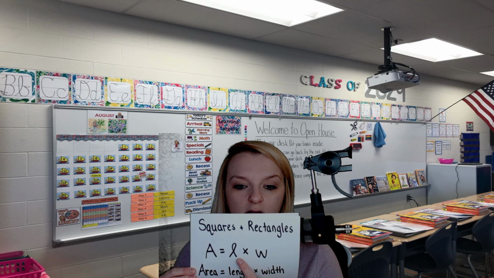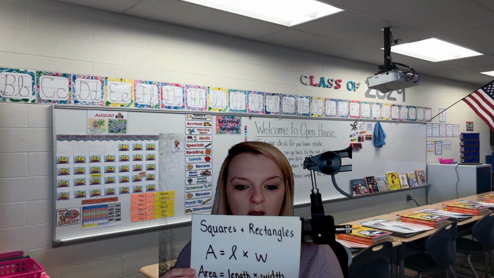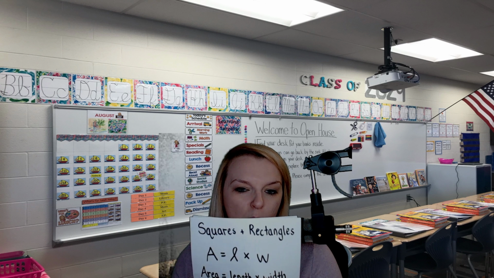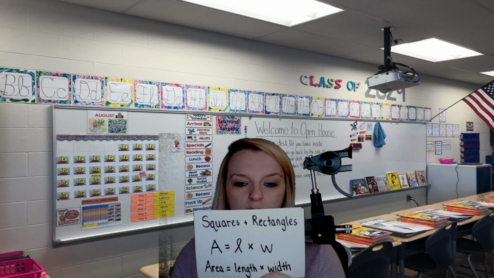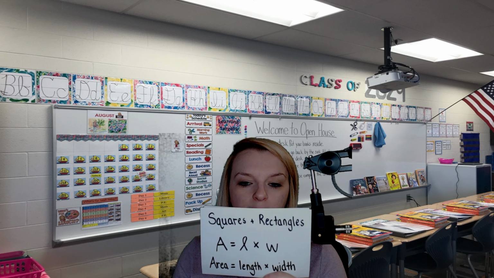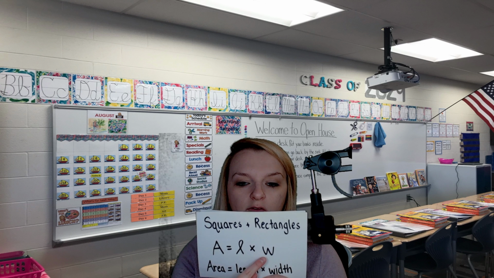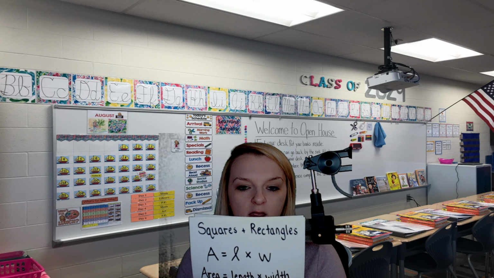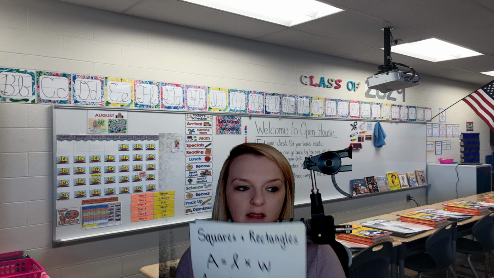This is an L. It's written like a cursive L because if I just wrote a line L, it would kind of look like a 1, and that can be confusing in math. So they use this little curly L like a cursive L for length, and then they use W for width. Okay, so the area of a square or a rectangle is length times width.